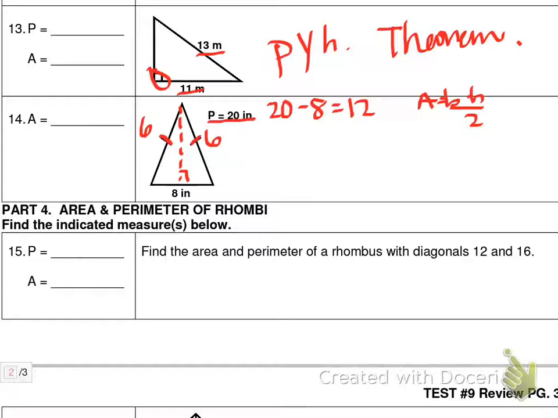Since the line cuts the base in half, it makes this 4 right here. So I have my right triangle. Since I don't have any angles, it's a right triangle. I know 2 sides, I can use the Pythagorean theorem. So since 6 is my longest side, that's going to be my C. And 4, and my height is going to be my B.